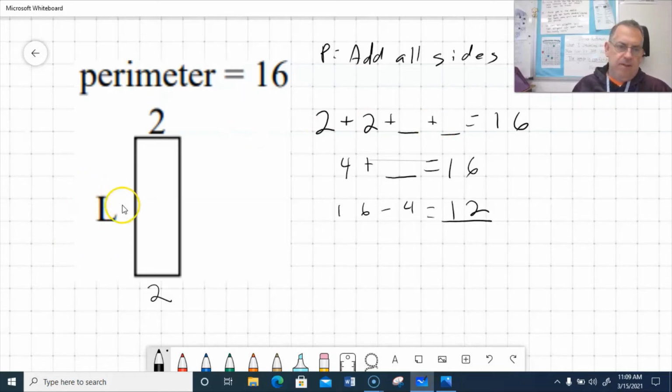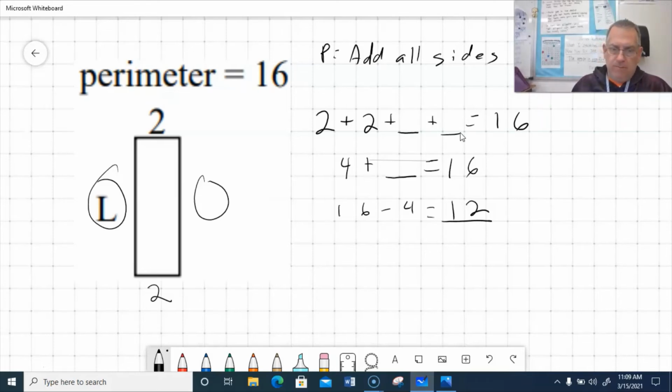But that's not going to be this length right here, because 12 is going to be the sum of these two. And we know that on rectangles, both the sides are going to be equal to each other. So to figure out what one of the sides is, we're going to have to do this right here.